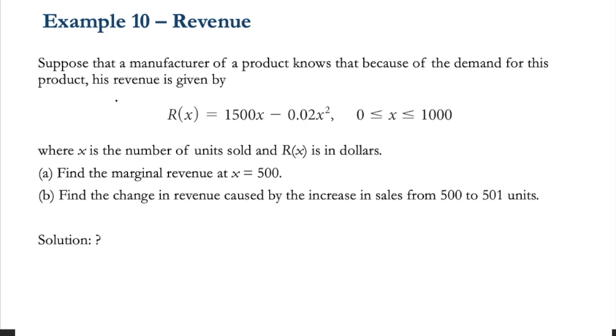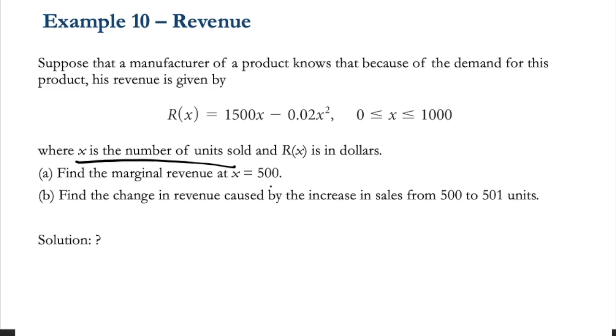Revenue. Suppose that a manufacturer of a product knows that because of the demand for this product, his revenue is given by this. This is revenue R(x) = 1500x minus 0.02x squared. So x here is the number of units sold or the quantity, and R(x) is the revenue in terms of dollars, in terms of pounds sterling, ringgit, and whatnot.